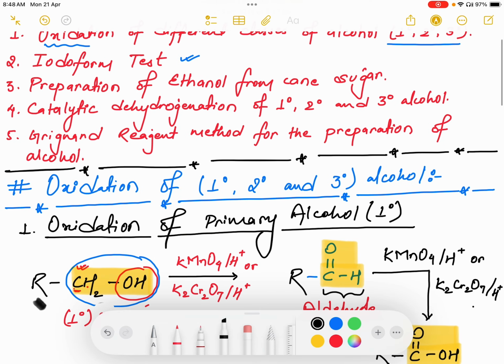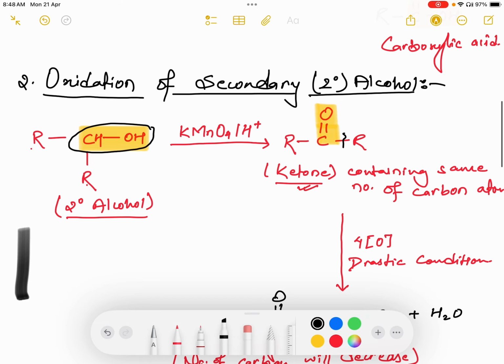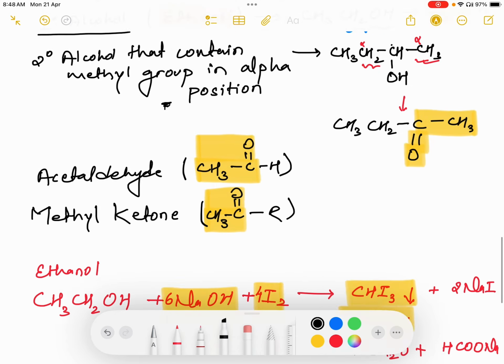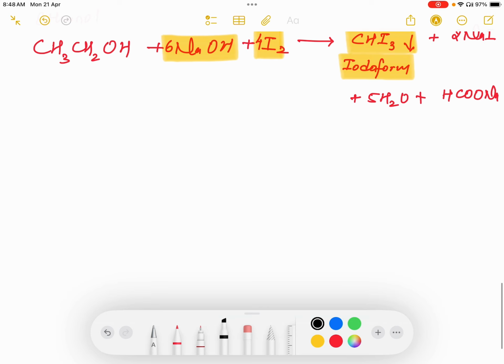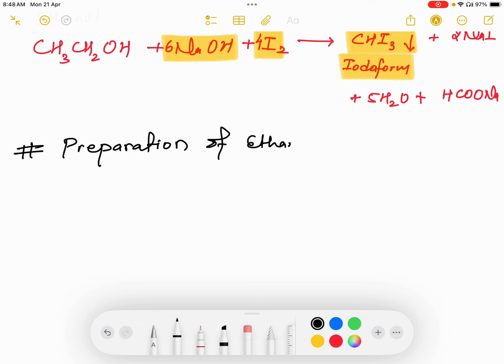Preparation of ethanol from cane sugar. So let me take that.